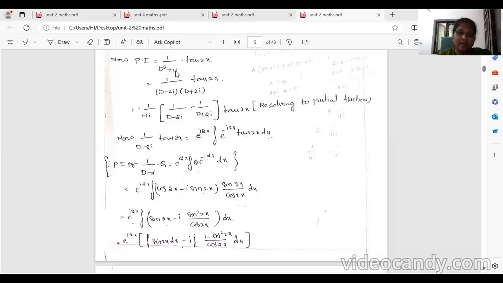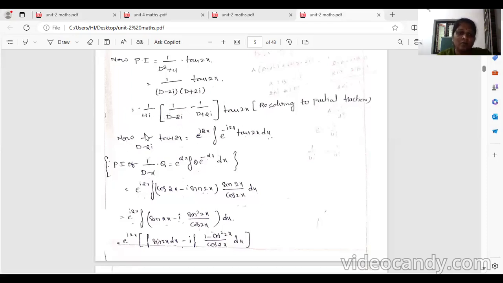Resolving 1 by D minus 2i into D plus 2i into partial fractions, it can be written as A by D minus 2i plus B by D plus 2i. Solving that, we get A equal to 1 by 4i, B equal to minus 1 by 4i. Now two fractions are there.